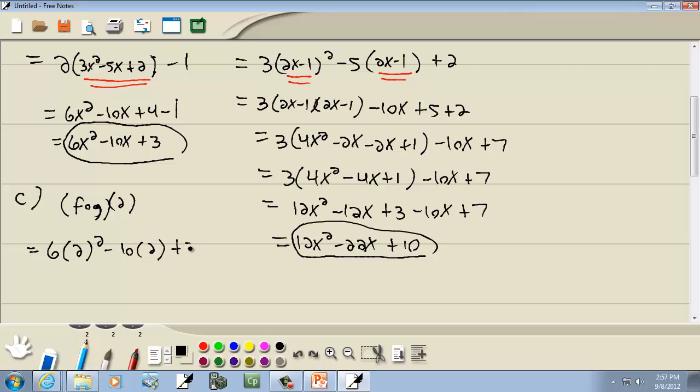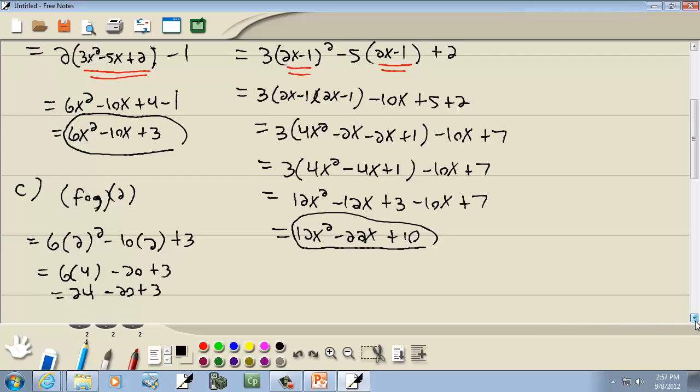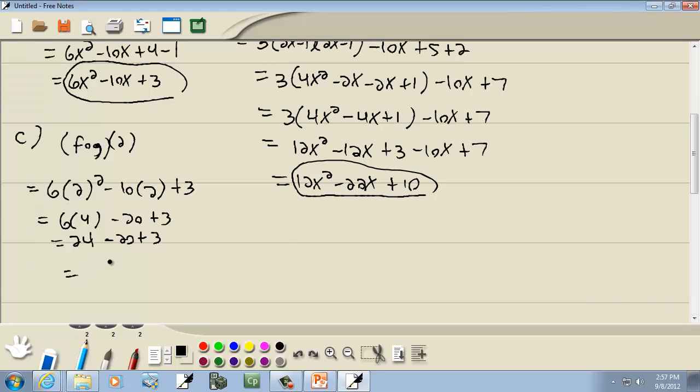Everywhere there's an x, I'll put in parentheses and put 2 in. Okay, 2 squared is 4, so we've got 6 times 4. Negative 10 times 2 is negative 20, plus 3. 6 times 4 is 24, minus 20, plus 3. 24 minus 20 is 4. 4 plus 3 gives us 7. Assuming I didn't make a math error anywhere.